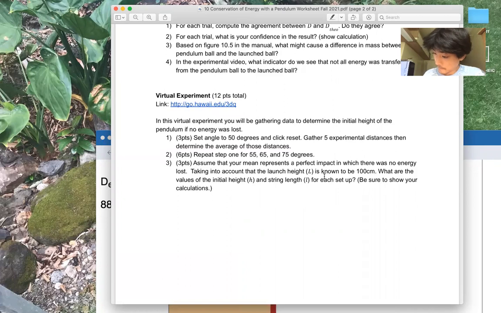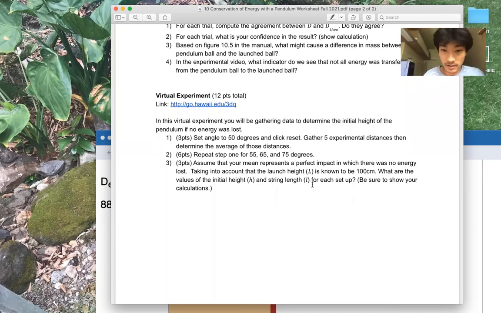For number 3, it says, assume that your mean represents a perfect impact in which there was no energy loss. So once again, they're saying, assuming that energy was conserved, then they're asking what is the initial height and the string length for each setup.